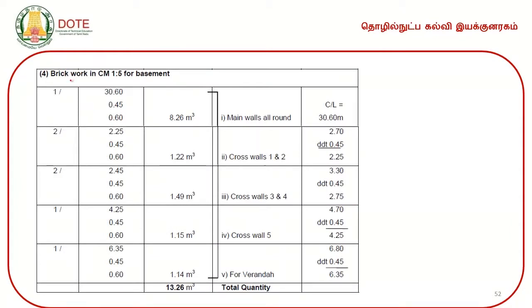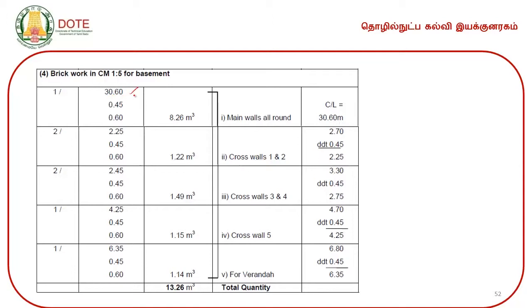Now we are moving to brickwork and cement mortar for basement. The earthwork excavation and cement concrete we have already calculated. The same way we are calculating brickwork and cement mortar, for basement only. Here also basement, the main wall all around, we know the center to center length, how much? 30.60 meter.